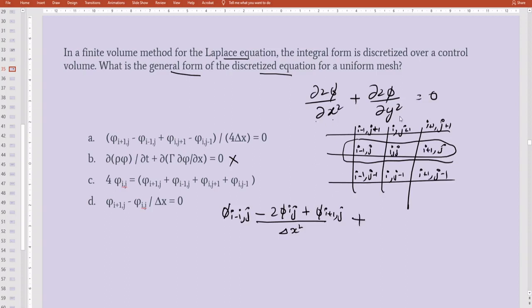Then to discretize vertically, that is dou square phi by dou y square, we will be needing these three terms.